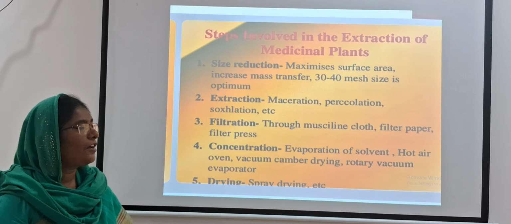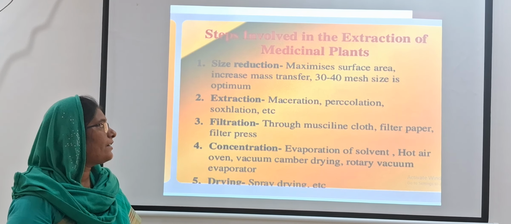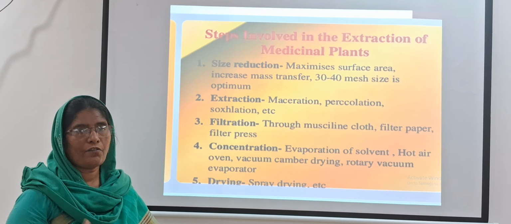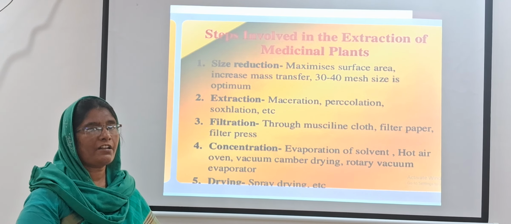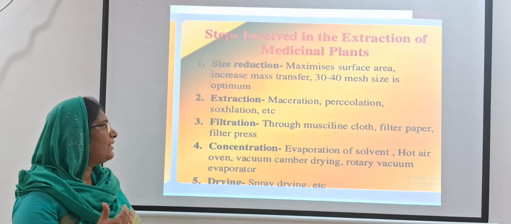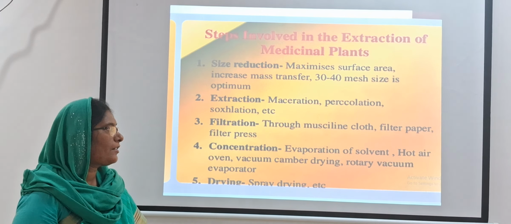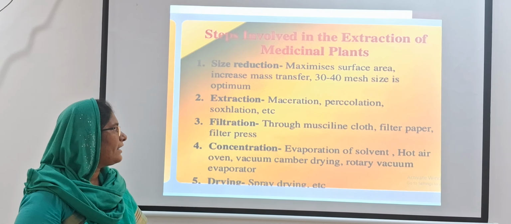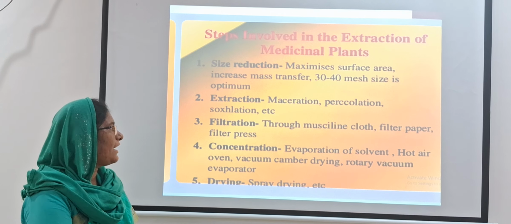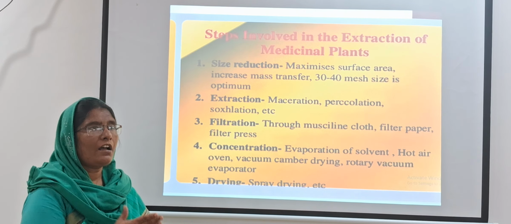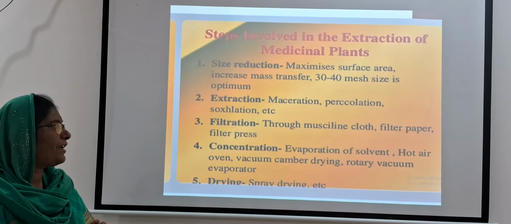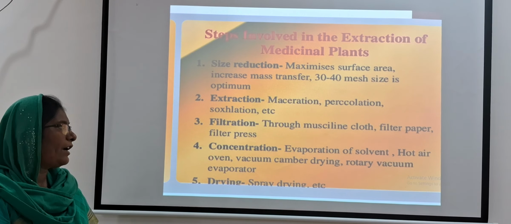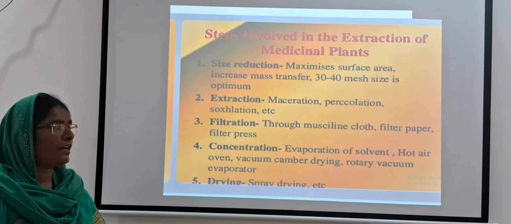Then extraction, for which we use various methods, which I will discuss afterwards. Then filtration: after extraction we have to filter it by using muslin cloth, filter paper and filter brush. Then concentration: after filtration the solvent is evaporated, or concentrated artificially using a hot air oven, vacuum dryer and rotary vacuum evaporator.